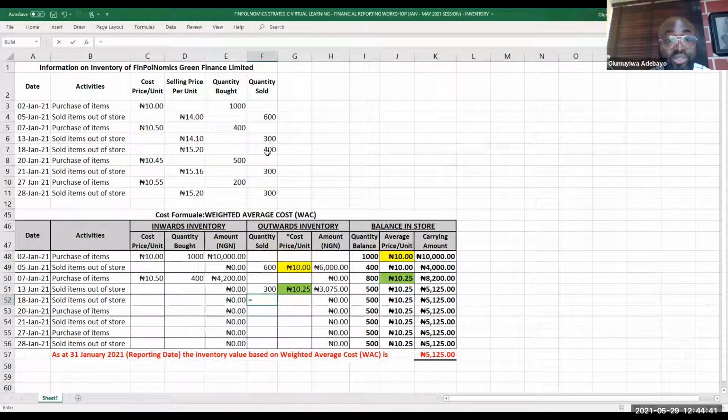The 400 I issued, we still have this price at what price? At the 10 naira, because there's no new purchase that will have varied the price. Okay, I can still see it here. I can put it in deep green.